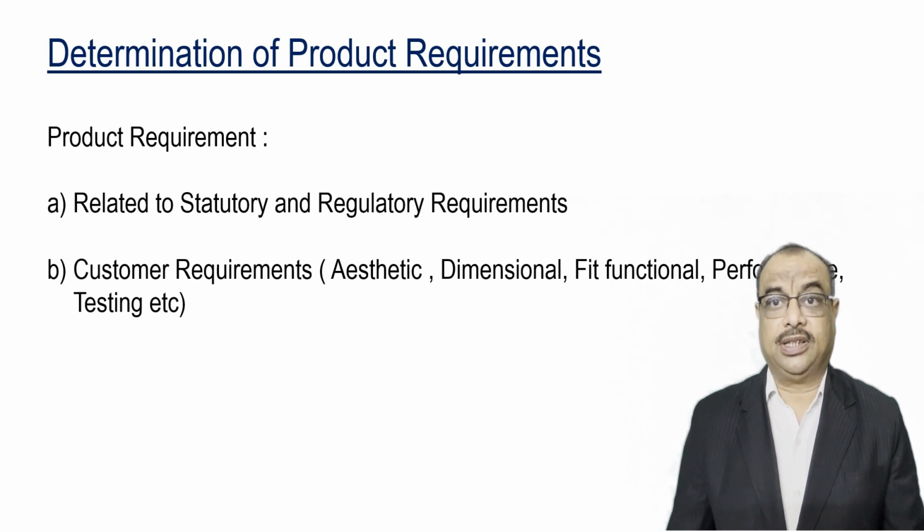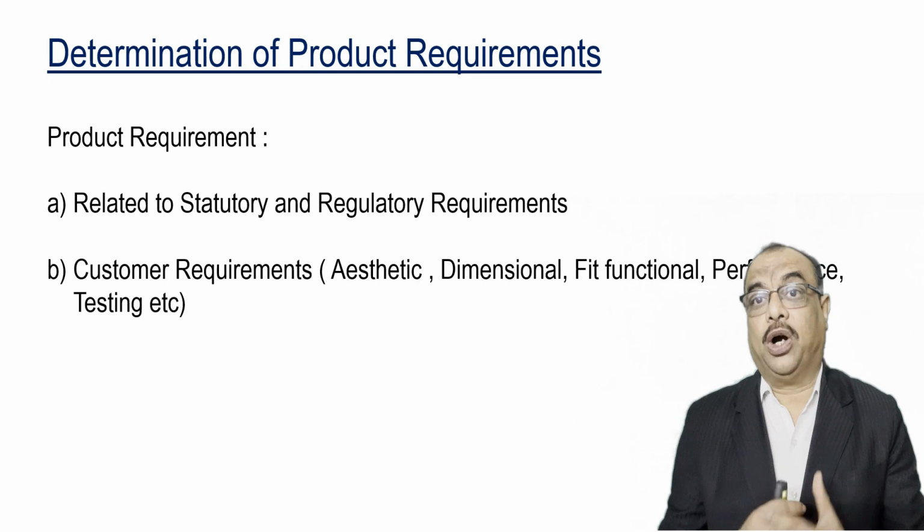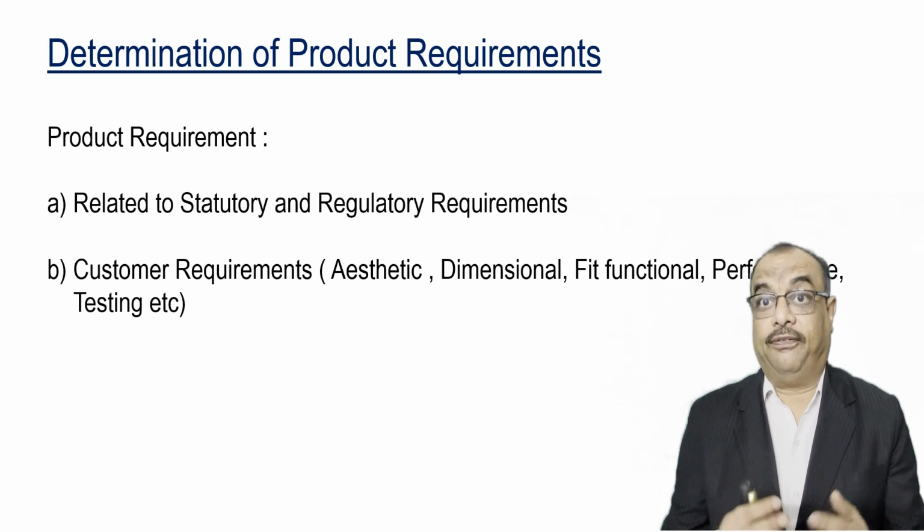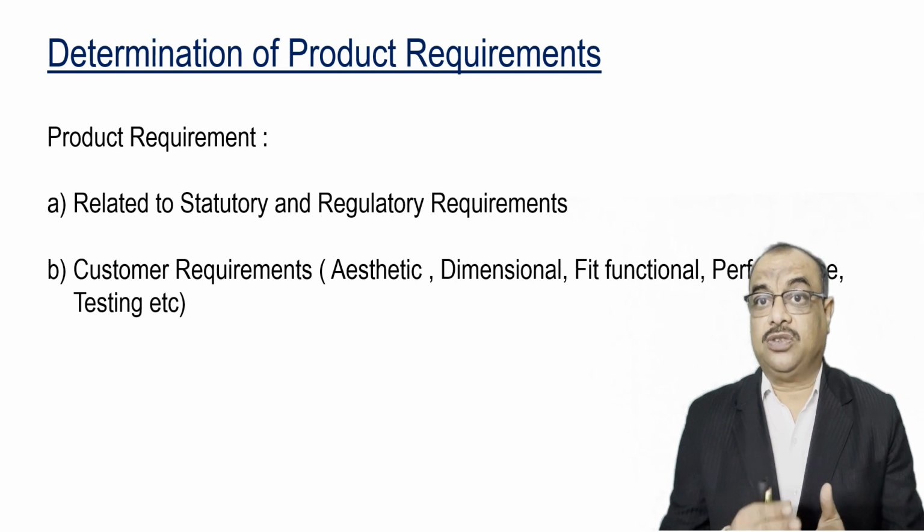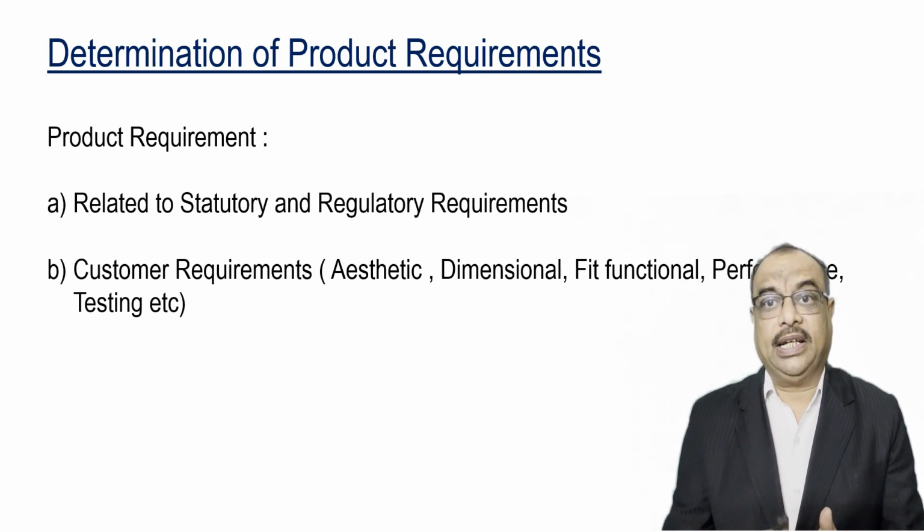Industries are facing challenges, and every time the customer is registering customer complaints on that kind of dimensions. So it is very important to understand the fitment and functional requirements: what are the dimensions which are directly related to the function or to the fitment. The organization has to take care of all those dimensions.